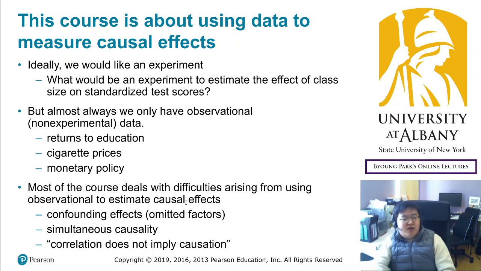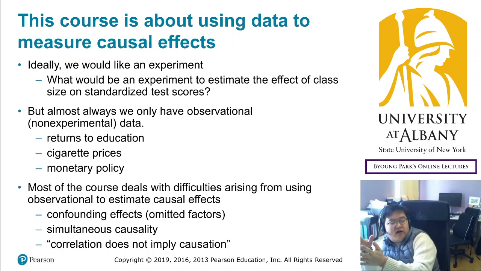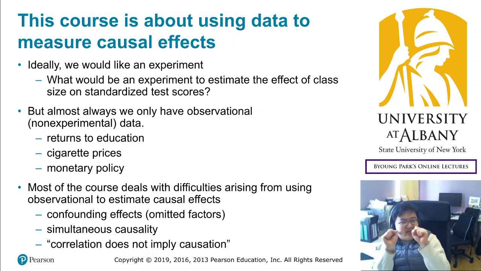Imagine this. Your education, say the class size, and test scores. The relationship between class sizes and test scores is affected by family background. If a student's parents are highly educated, or the parents are more willing to spend more time and money on their child's education, then these kinds of unobserved factors play an important role in determining both variables.